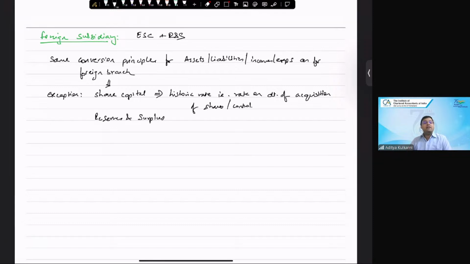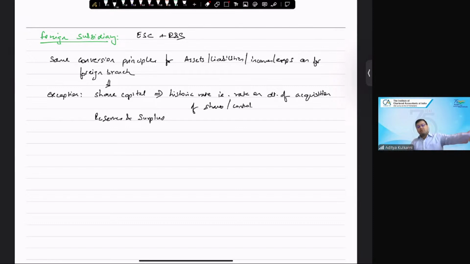Yes, sir. Why did we not remeasure stock options? Because the balance used to sit in the share-based payment reserve. Reserve is own equity. Own equity is never remeasured. For the same reasons, this is sitting in own equity: the equity share capital of the subsidiary.